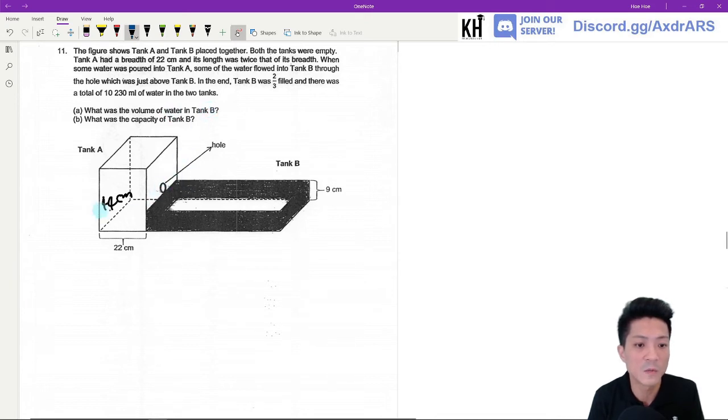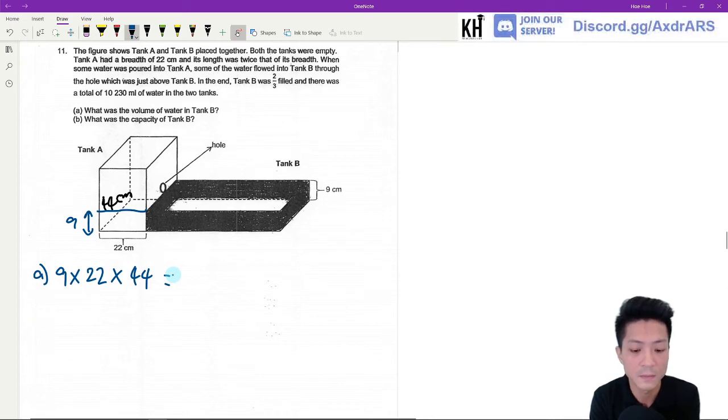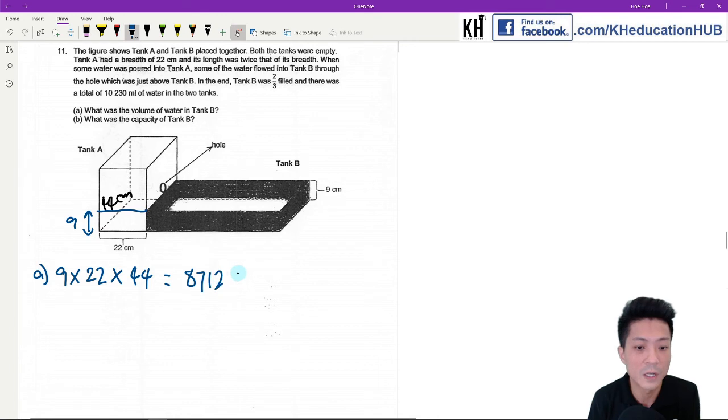Okay, so first we're going to find the volume of water in tank A. If the height of tank B is 9 cm, which means that tank A can only fill up to 9 cm. So the first step would be to do 9 times 22 times 44 to find the volume of water in tank A. That is 8,712 ml.